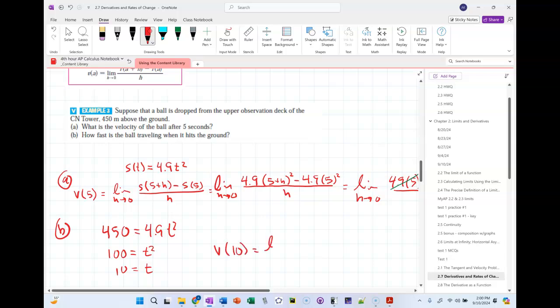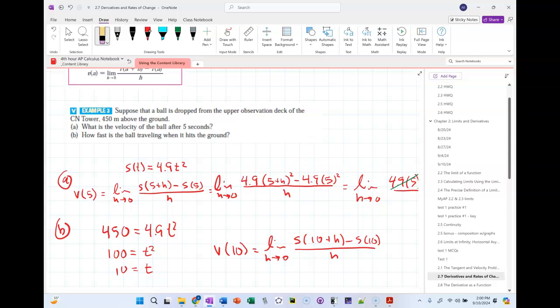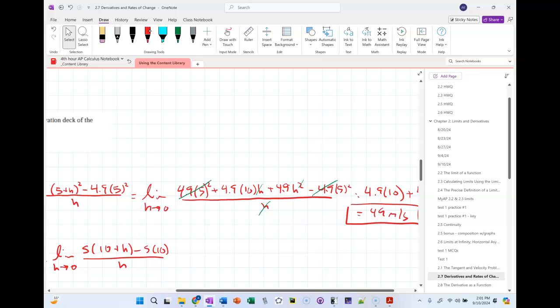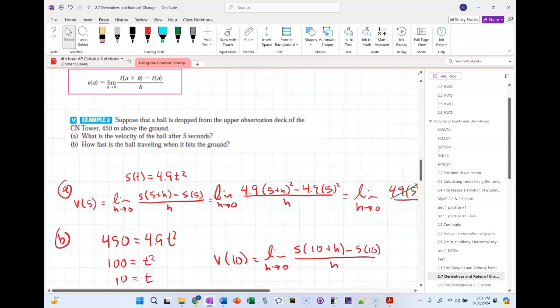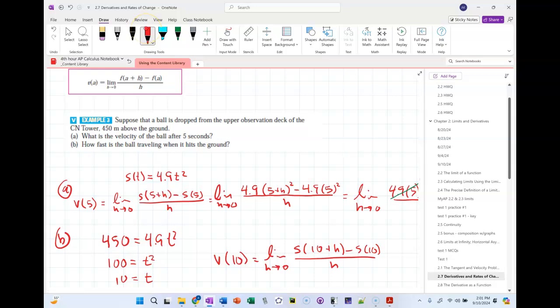So if I do v of 10 then, that's going to be the limit of this, oops, right? Oh my goodness. Guys. Yeah, I look at this terrible looking 5. My penmanship's so bad I thought it was a 9.